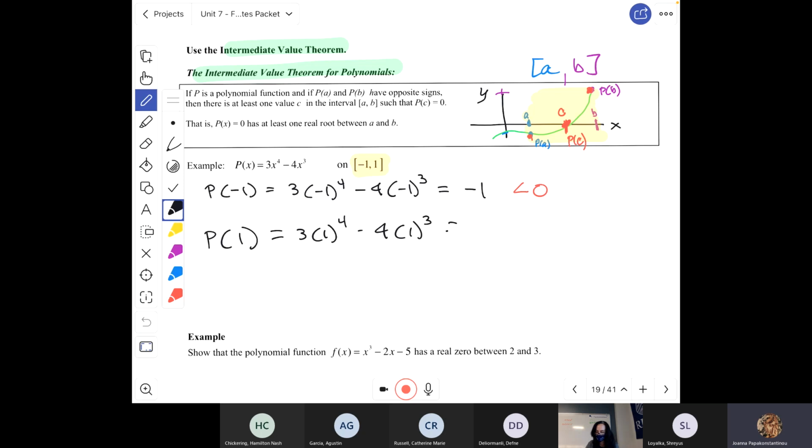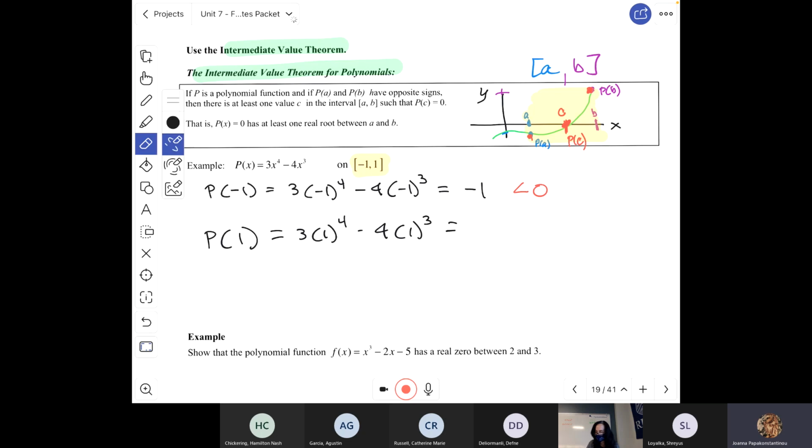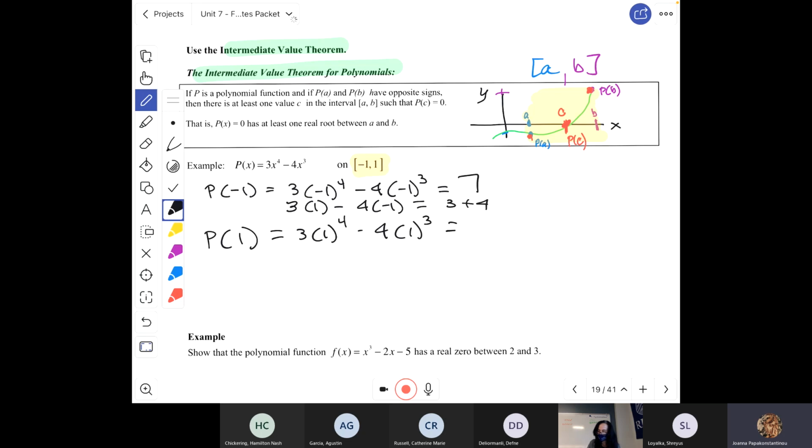So if I evaluate it at -1, I get 3. That's 7. Right? So that's positive. Then I'm going to do this one. And what do I get?